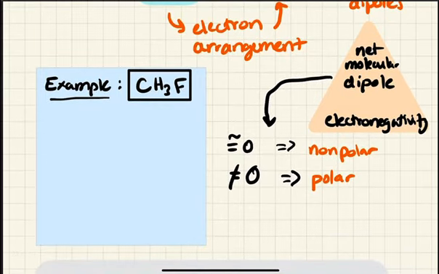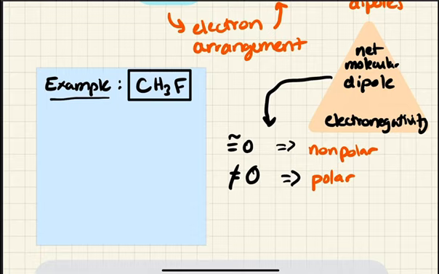So we have a given chemical formula, CH3F, and we can total up the electrons involved in the bonding structure for this compound to determine a reasonable Lewis structure. Now it's important to remember that at this point, we are really only going to consider valence electrons whenever we are drawing a Lewis structure.